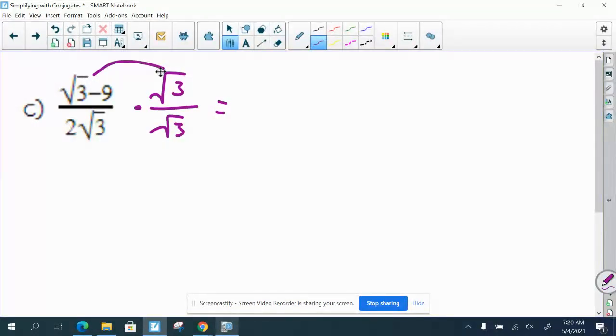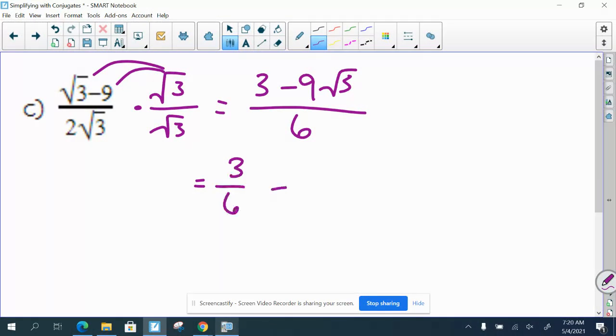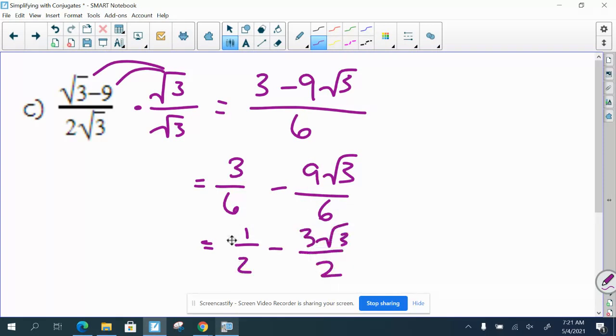So the square root of 3 times square root of 3 is 3 minus 9 square root of 3, and then over 2 times 3, so 6. And then here, since you can simplify 3 and 6 and 9 and 6, you can separate your terms. So 3 over 6 minus 9 square root 3 over 6. So this turns into 1/2 minus 3 square root 3 over 2.